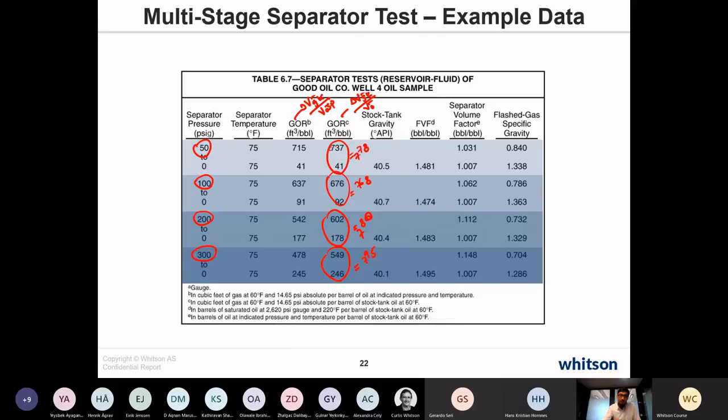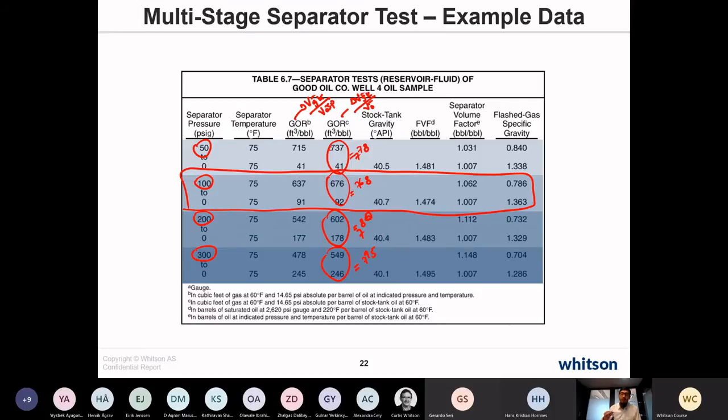So it seems like this is the optimal pressure, because it is giving you the lowest GOR, meaning more stock tank oil barrels for the same wellstream composition. You can also see that the stock tank oil is a bit lighter, 40.7 API compared to these other values here.